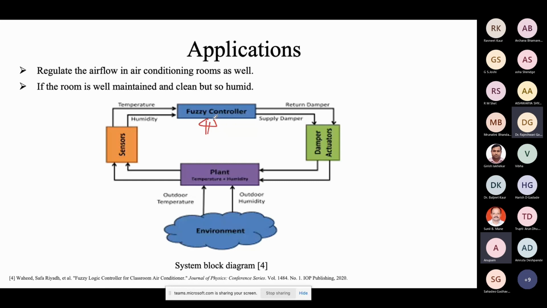Fuzzy takes a plant as a black box. Any kind of plant, linear or non-linear, it can stabilize. However, it depends upon the plant. If you have a highly unstable plant that cannot be controlled, then it may not be controlled, right? But most of the time we are controlling such plants which we use physically, right?